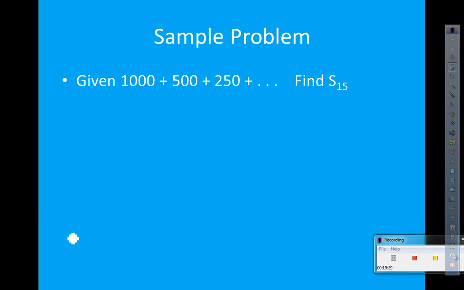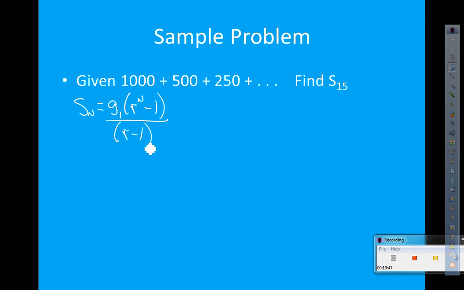We're going to sum up the first 15 terms of this sequence, 1,000, 500, 250. Once again, this is the formula, g sub 1, r to the n minus 1, all over parenthesis r minus 1. Let's get our r value.